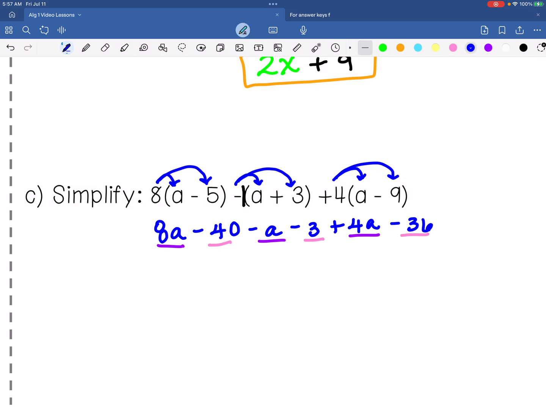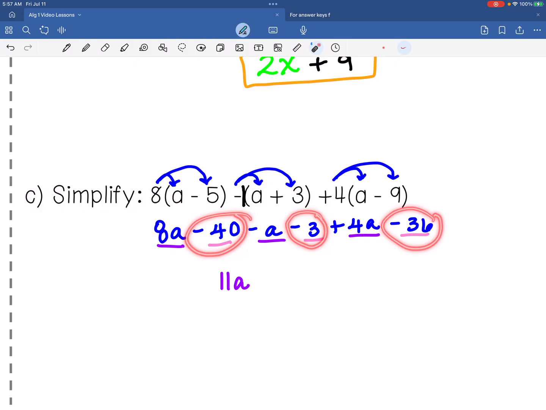So 8a plus 8a minus a, so 8a minus a is 7a. 7a plus 4a is 11a. And then we have negative 40 minus 3 is negative 43. Negative 43 minus 36 is negative 79.